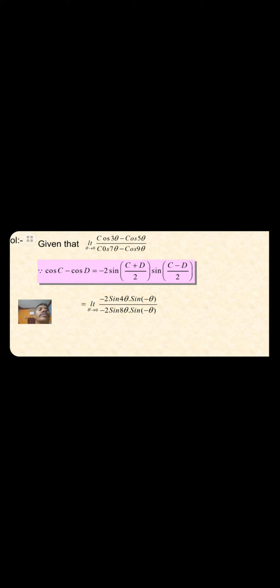Same way, minus 2 into sine (7 theta plus 9 theta) by 2, it is 8 theta, and sine of (7 theta minus 9 theta) by 2, we have minus 2 theta by 2, that is minus theta.